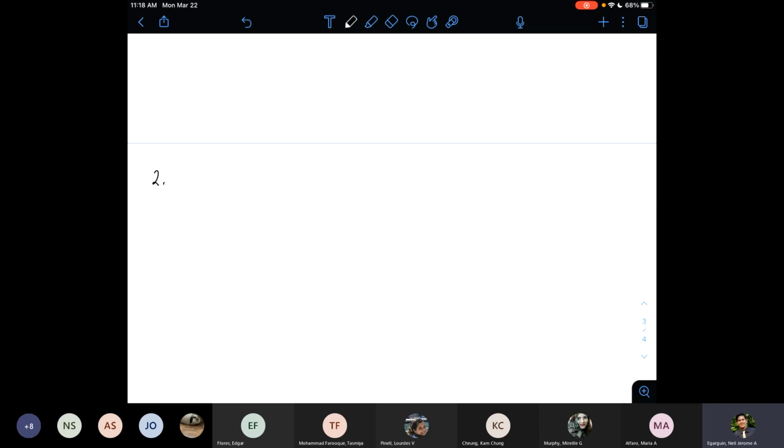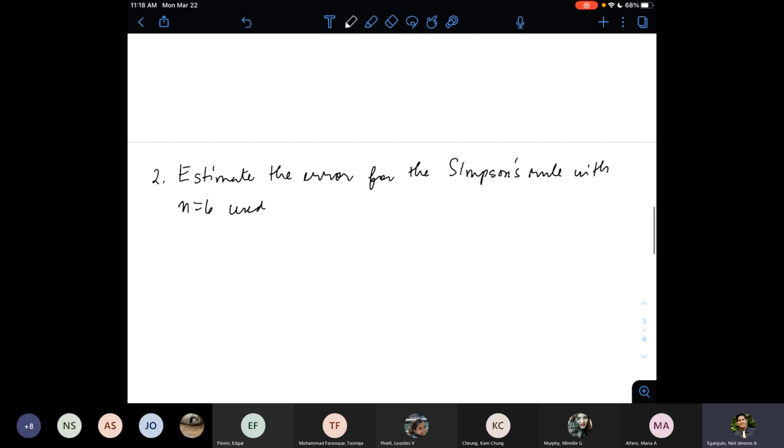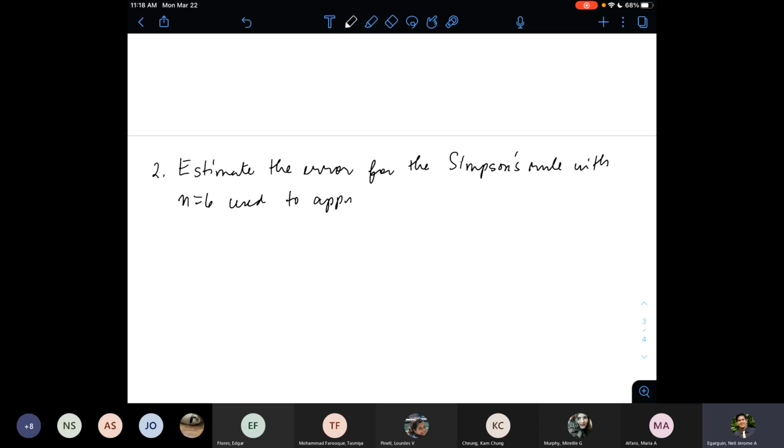But essentially, you're asking how to estimate the error for Simpson's rule with n equals 6, used to approximate the integral from 0 to 3 of sine 2x dx.